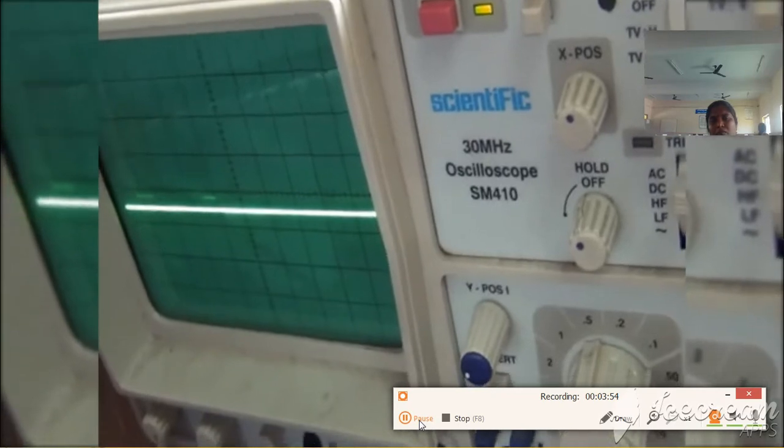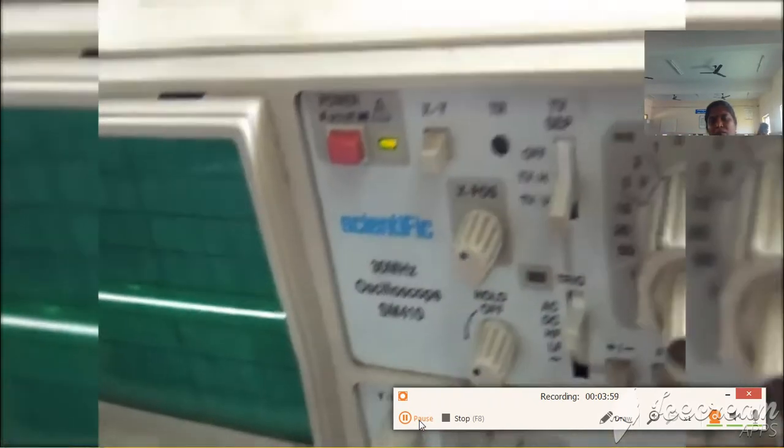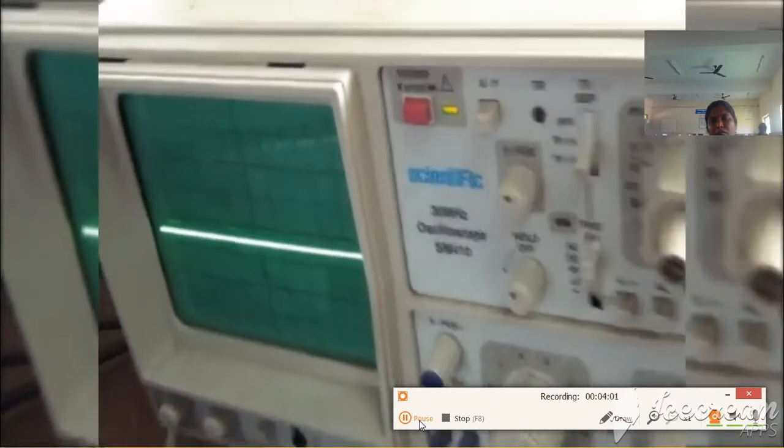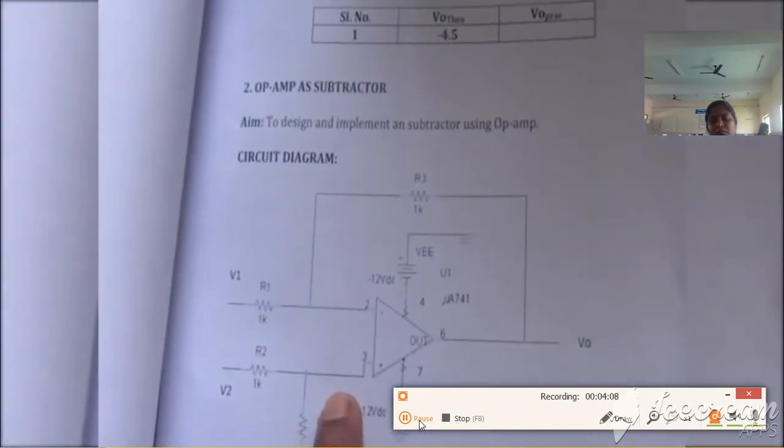You are getting the output voltage in the negative. It means that the voltage given at the inverting terminal is higher than the voltage applied at the non-inverting terminal. One more example we can also see.